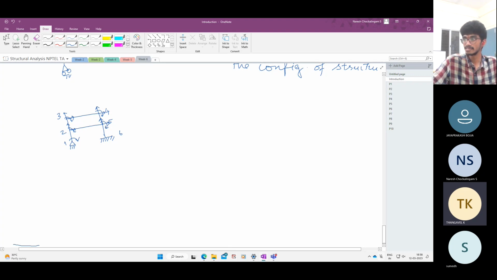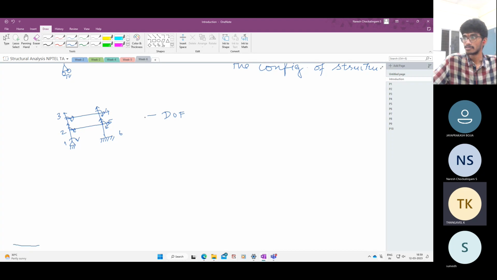So I can specify these without any issues. These can take any value without violating compatibility conditions. So they are called degrees of freedom. I'm free to specify these values without violating the compatibility conditions. But any arbitrary value assigned to these degrees of freedom will violate the static equilibrium equations.